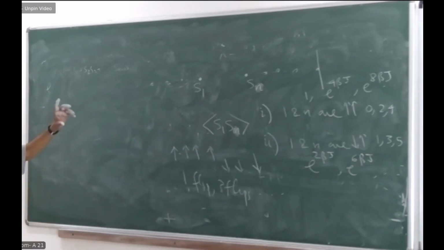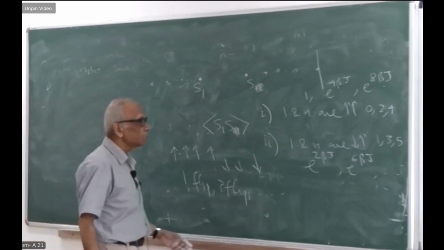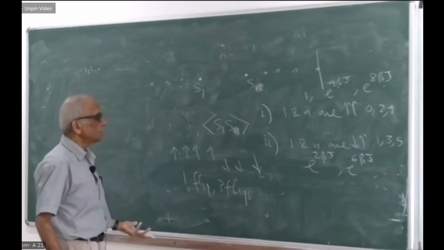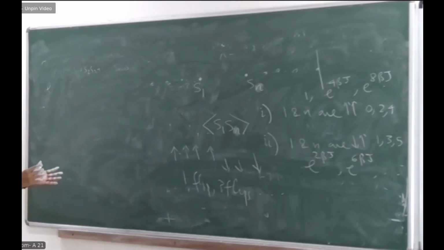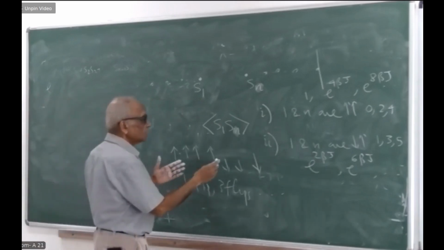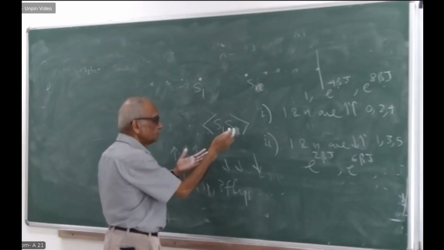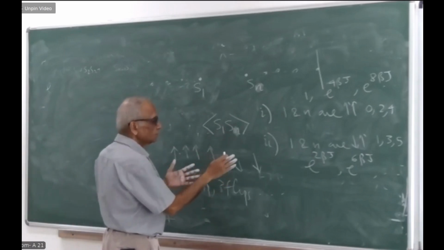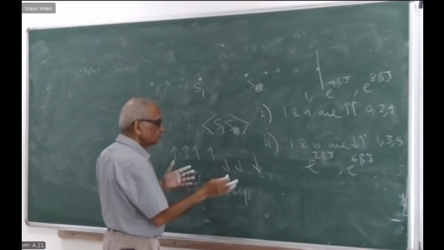Now comes the combinatorial factors. So what is the combinatorial factor associated? N flips. That is why I was using capital N, so that I can use small n for flips.